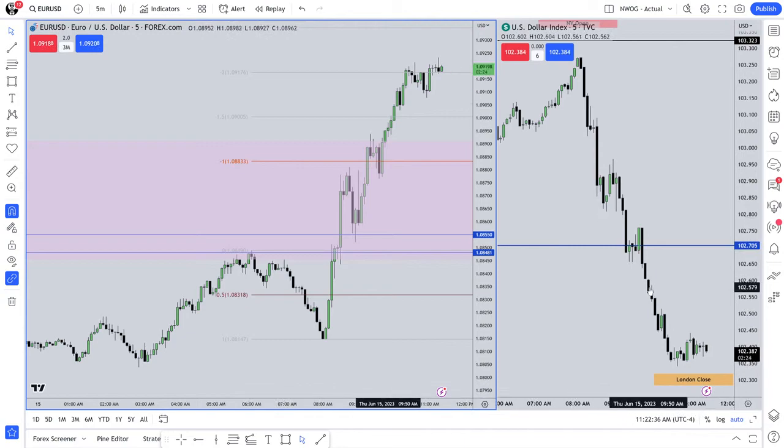But if you look at times when they don't agree, so if dollar makes a lower low, a symmetrical market is a euro dollar going higher high. A euro dollar making a lower low and a dollar index making a lower high, that is not symmetrical. They have to agree. So euro, higher high, lower low in dollar. Euro, lower low, higher high in dollar.